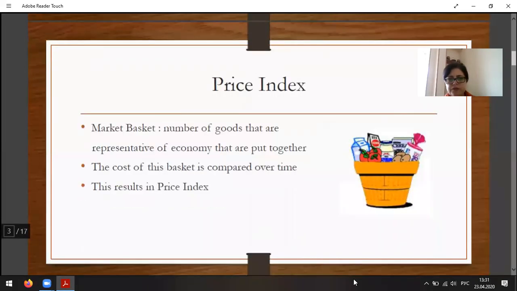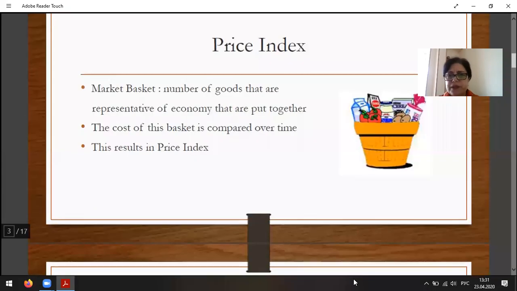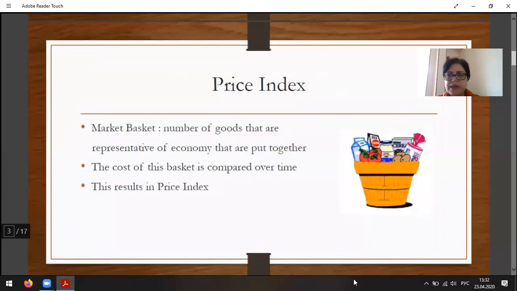Firstly, let's clarify what we imply when we say price index. If you remember, we discussed this when we started to explain the differences between nominal and real GDP. To calculate this, we need to understand what a market basket is.